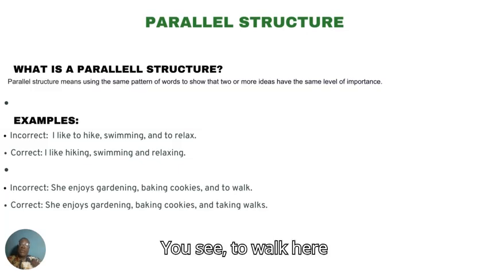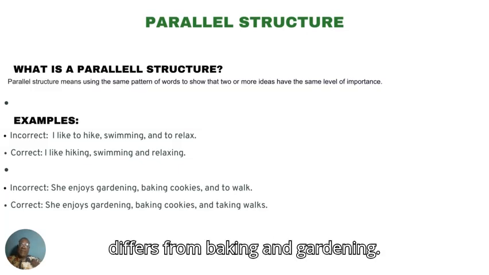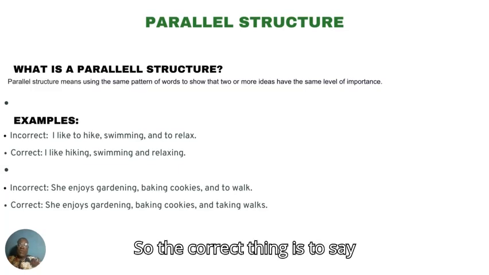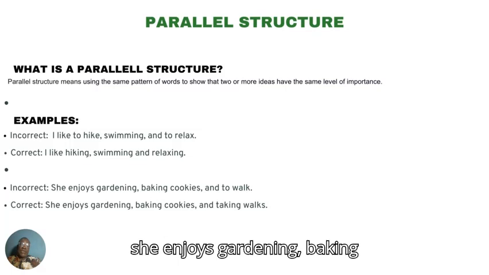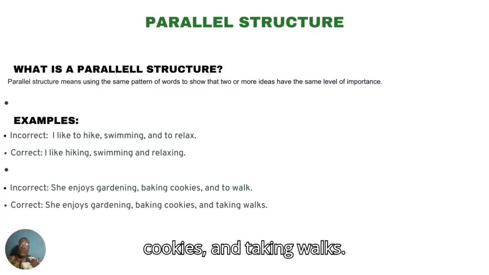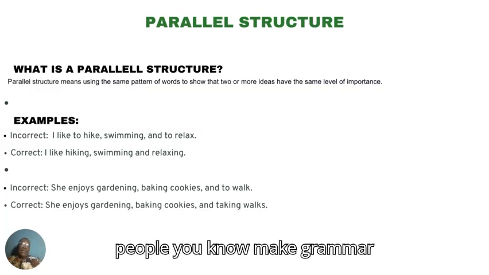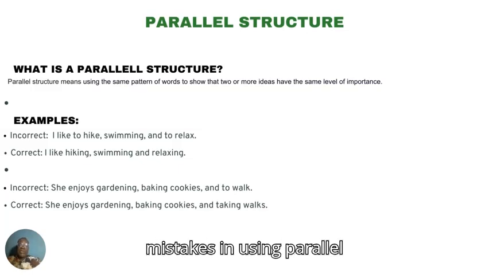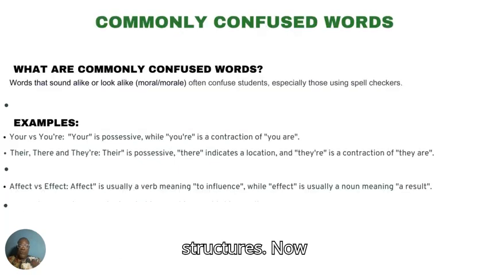You see, to walk here differs from baking and gardening. So the correct thing is to say she enjoys gardening, baking cookies, and taking walks. Okay, so this is about parallel structure, and a lot of people make grammar mistakes in using parallel structures.